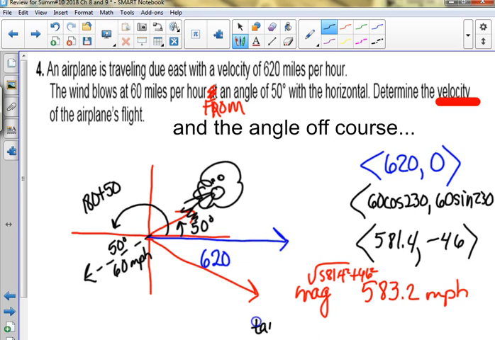If we do inverse tangent of negative 46 over 581.4, you get 4.5 degrees off course, or negative 4.5 degrees, yes? And the negative just means that it's going to the south, right, of where it wanted to. But if it wants to know how many degrees off course, you can ignore the sign.